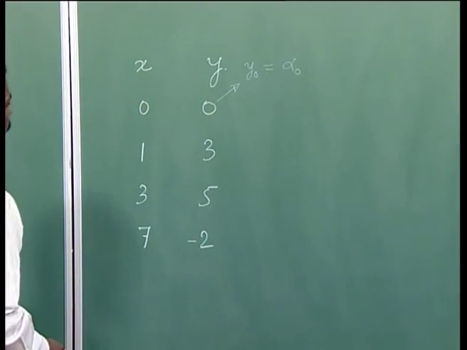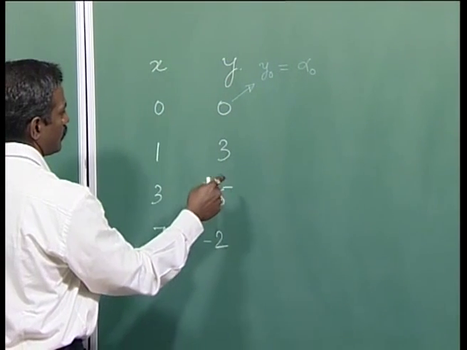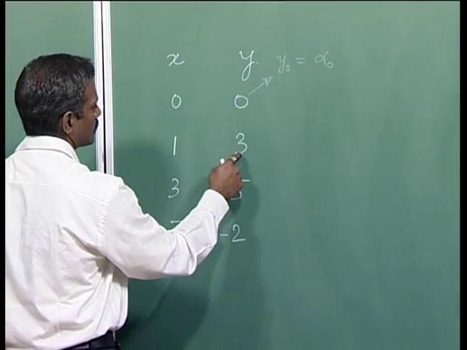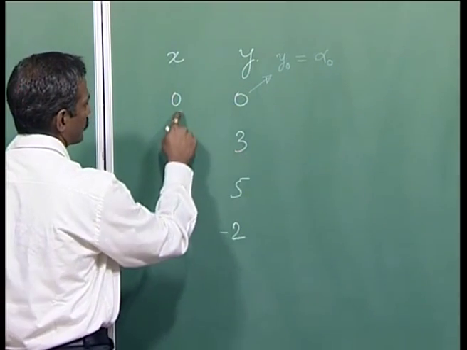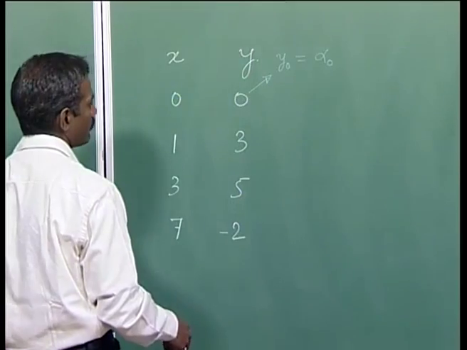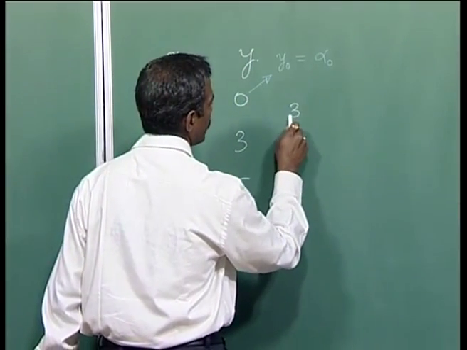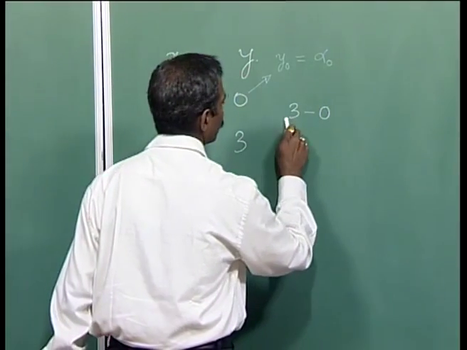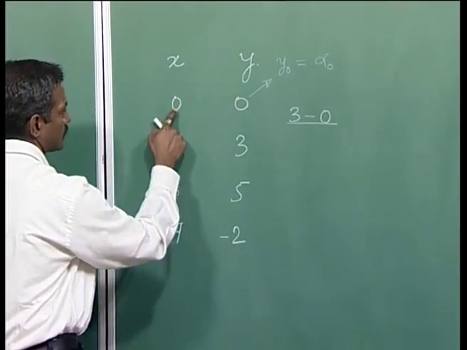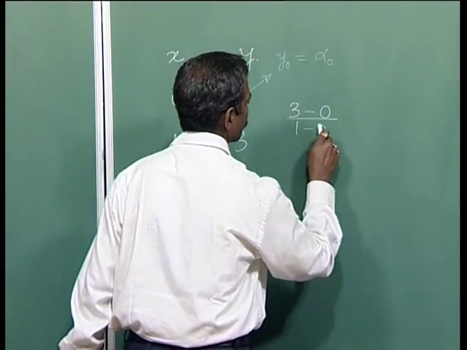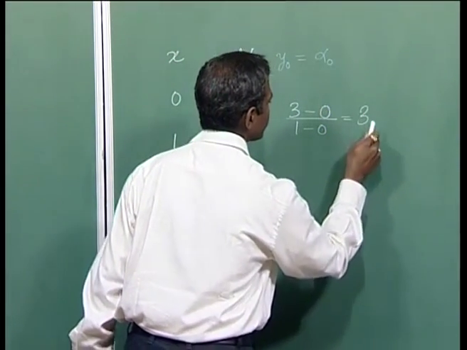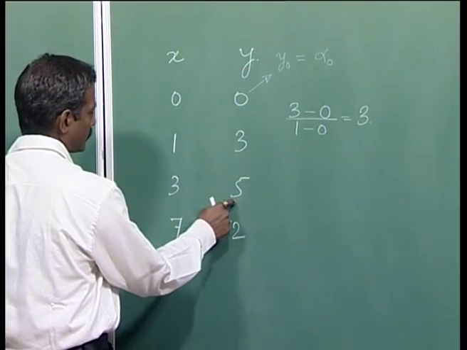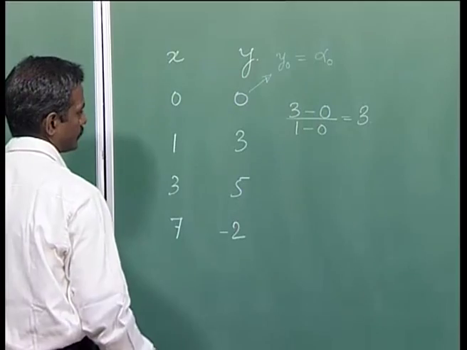To compute the first divided difference, I use these four numbers and compute the divided difference as 3 minus 0, which is this value minus this value, over this minus this, 1 minus 0, which is 3. Likewise, I can compute the divided difference using these four numbers.